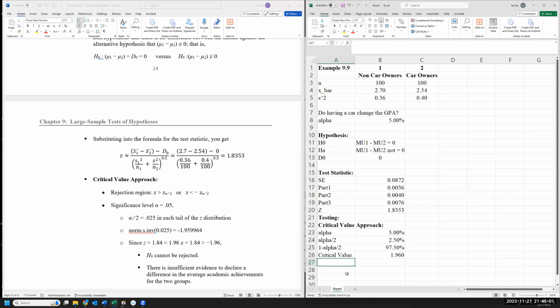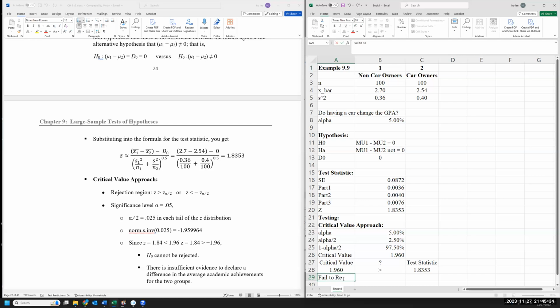So then we have critical value, question mark, test statistic. This is the critical value, and the test statistic is this. We could see the critical value is greater than the test statistic. So that means we are going to fail to reject.